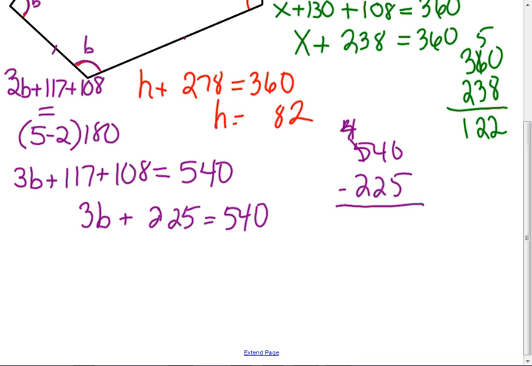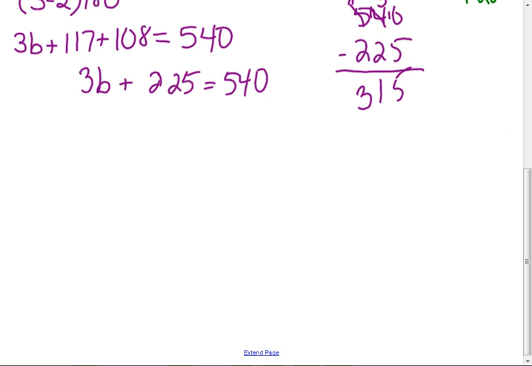Oh, I don't need to borrow. So that's going to be 3. Yep, that's right. So 3B equals 315. And so B is equal to 315 over 3.